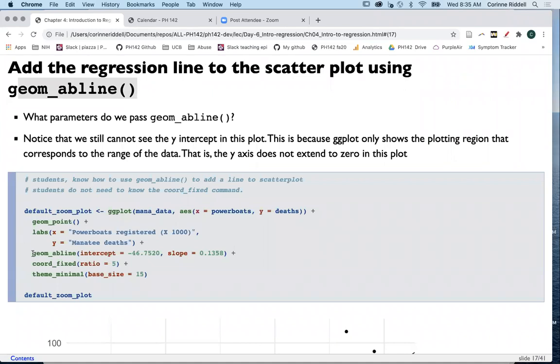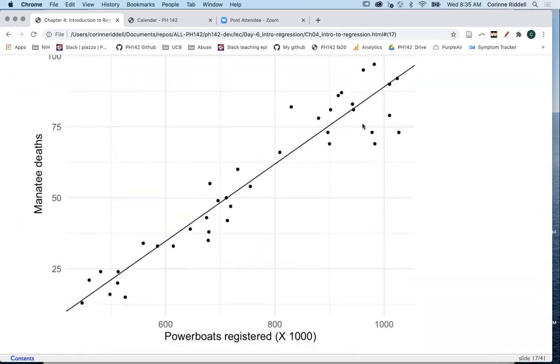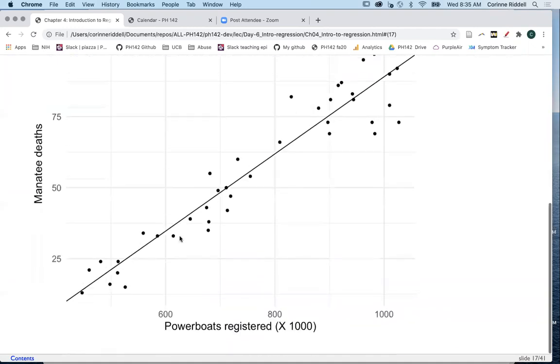We make our scatter plot between X and Y, use geom_point to make the scatter, add our labels, and then geom_abline takes two arguments, the intercept and the slope. You pass it from the linear model the estimate of the intercept and the estimate of the slope. That is how we got this line, the line of best fit to describe this data.